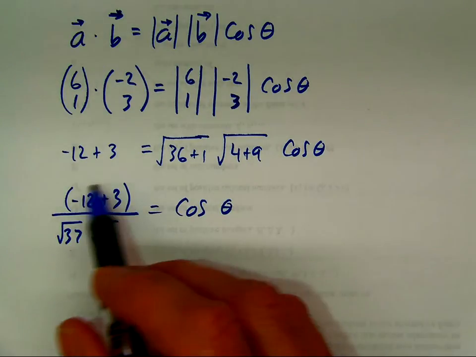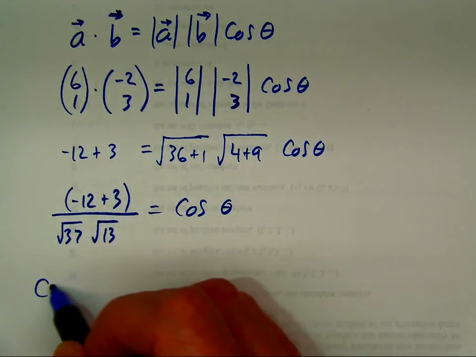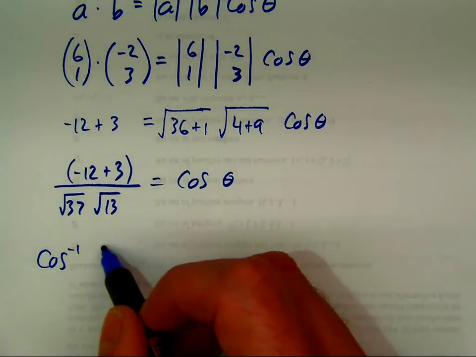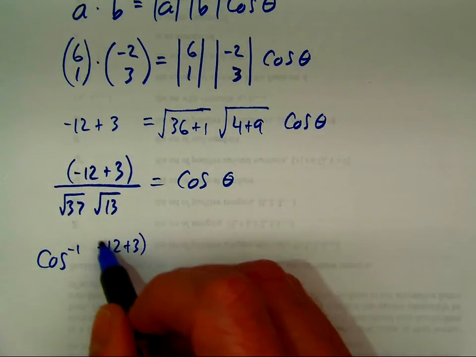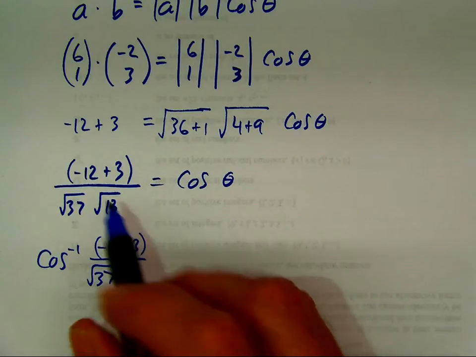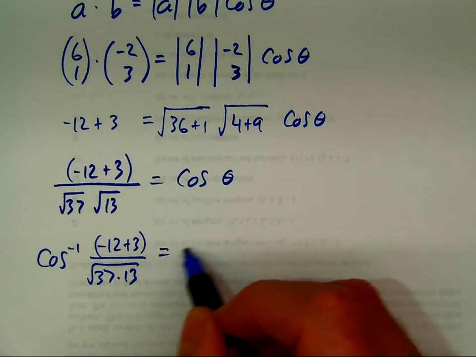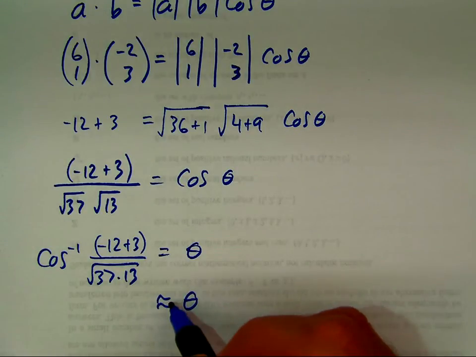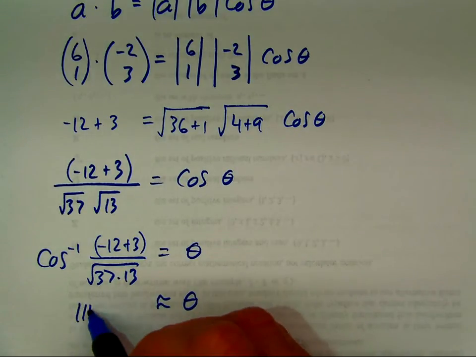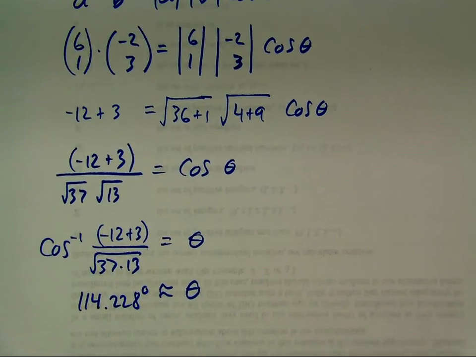You're going to do that in the calculator and then do inverse cosine. We can put the radical together as one product, and the calculator will give theta is approximately 114 degrees.